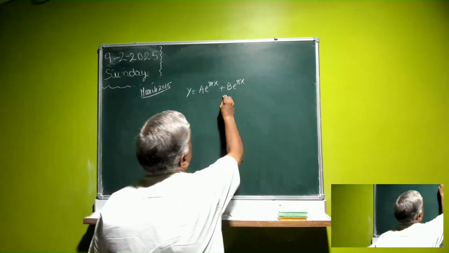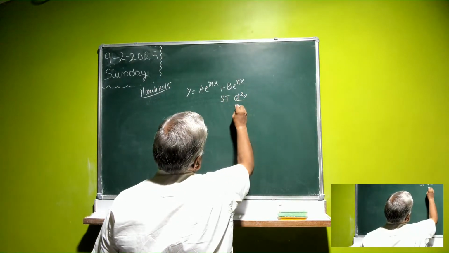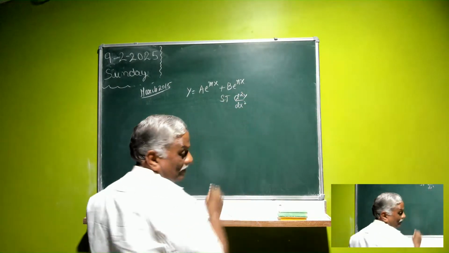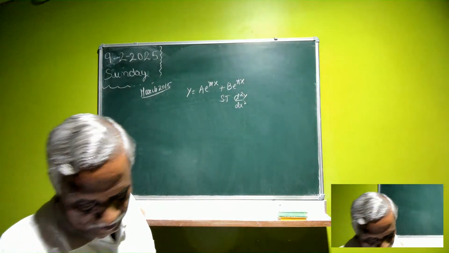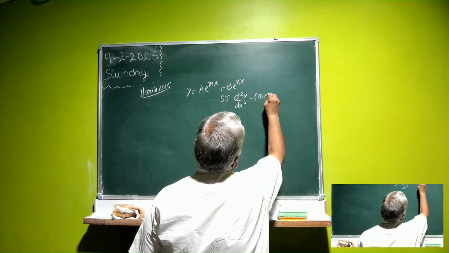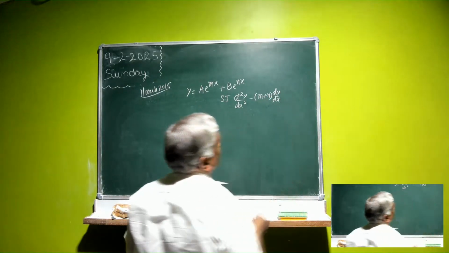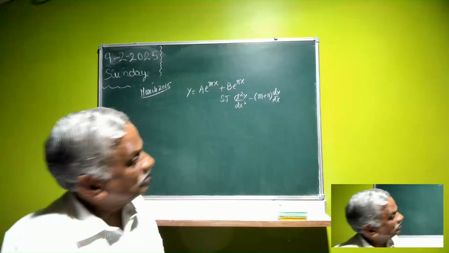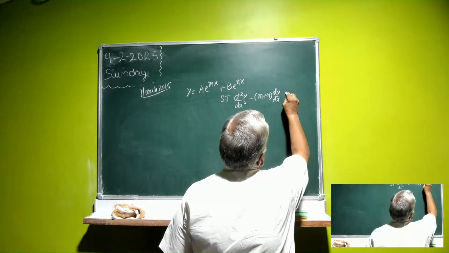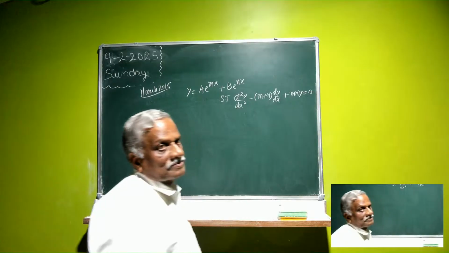Show that d square y by dx square minus of m plus n into dy by dx plus mn y is equal to 0.